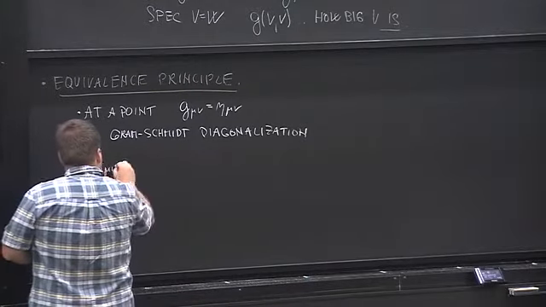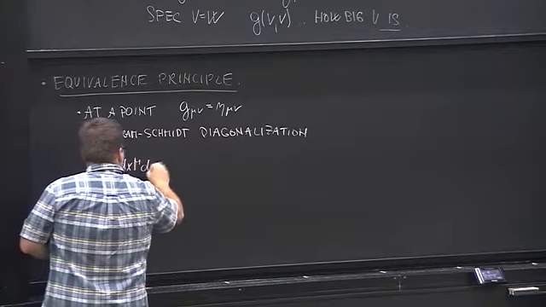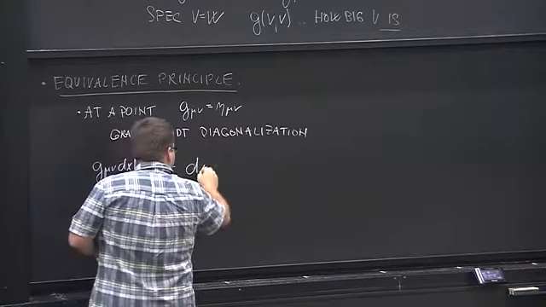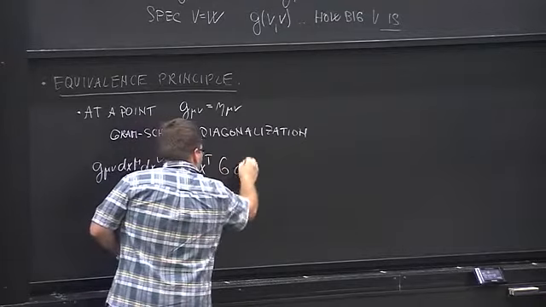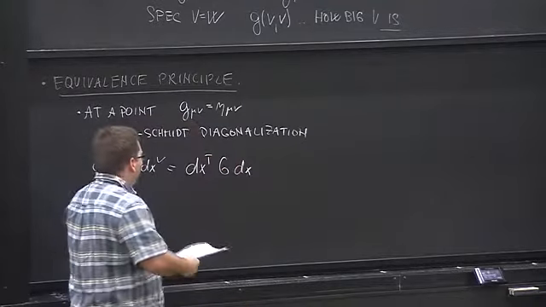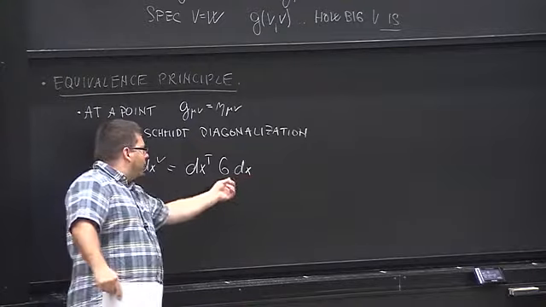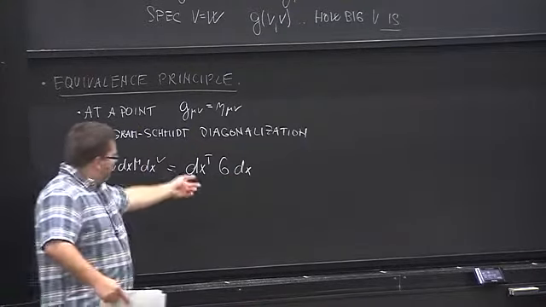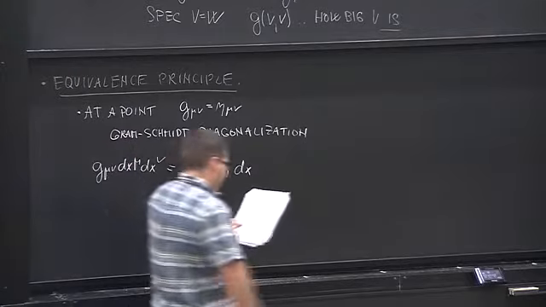Basically the statement is very simple. I have G_{mu nu} dx^mu dx^nu. That's my metric. Let's write it pretending that we are doing matrices. I have a vector of dx, then this is my metric matrix, and then I have dx transposed.